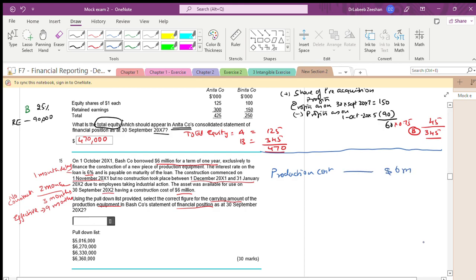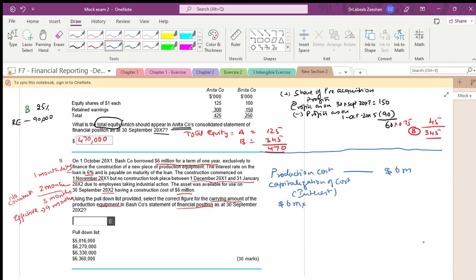Okay? Fine. No, we have to capitalize that cost. Capitalization of cost. Which cost do we have to capitalize? We have to capitalize the interest. How much is there? 6 million into, what is the rate of interest? 0.06 times 9 by 12. Khalas.